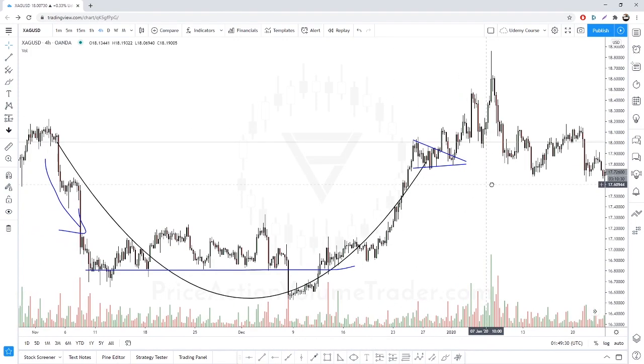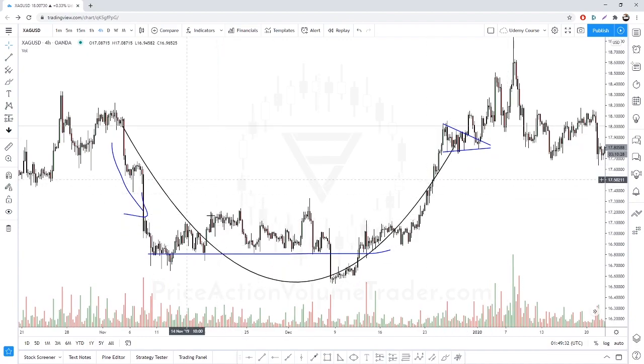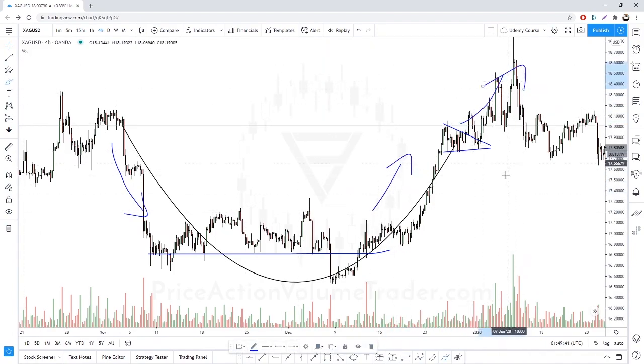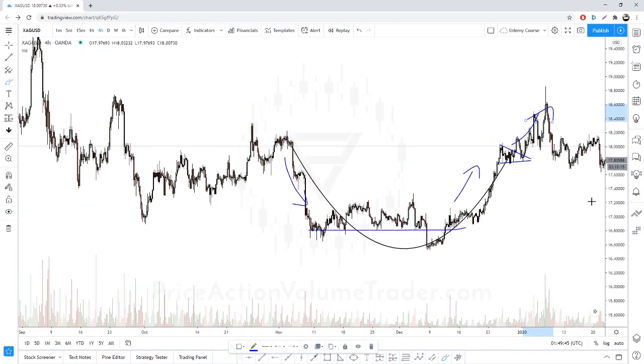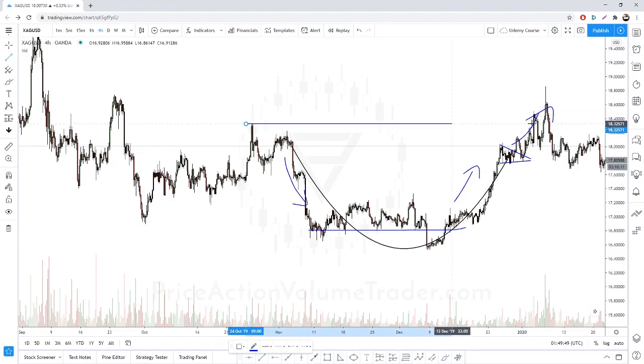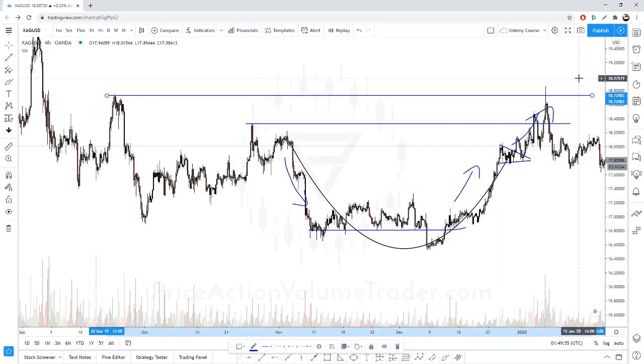Then we can see how price came. We have this wedge which signals continuation, and we can see that we break out and attack all these previous swing highs that we used to have over here.